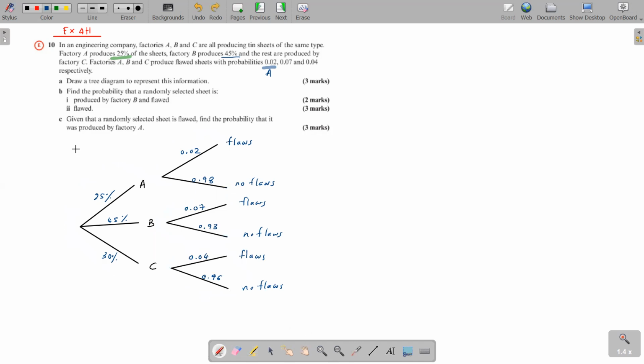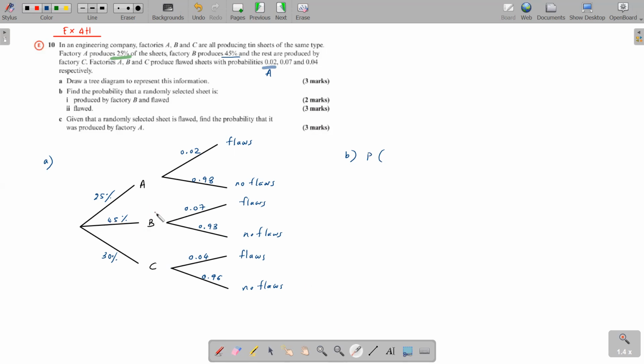Moving on to part B. Find the probability that a randomly selected sheet is produced by factory B and flawed. Okay, so this is a little bit of a thinking question. They say to find the probability that a randomly selected sheet is produced by factory B and flawed. So I think you can see what's going on here, right?